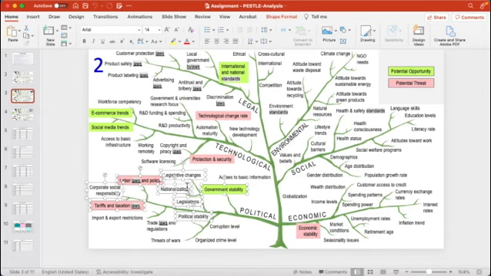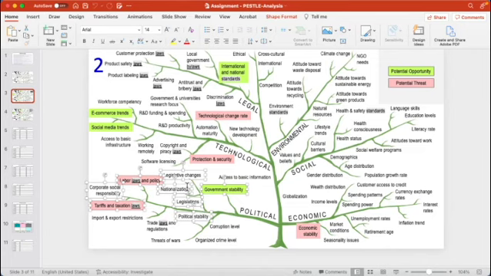So these are all different things that you have to look at, not only for the opportunities and threats, but also for the impact that they have on your business or on your question. It may be political impact, social impact, or economic impact. So when you look into this mind map, you can use it as a type of new glasses so that you can see through it and analyze the question in front of you.